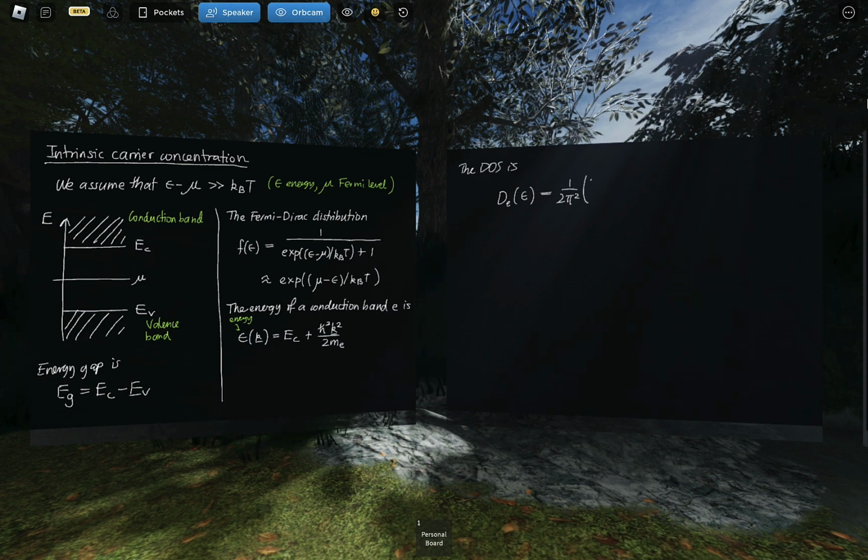I left off these prefactor terms earlier, but they're the following. This is just the constant of proportionality from earlier. And then you have the energy. Before it was E to the d on 2 minus 1, for the free electron gas. Now d is 3, so d on 2 minus 1 is just a half. So that's just the formula from before.